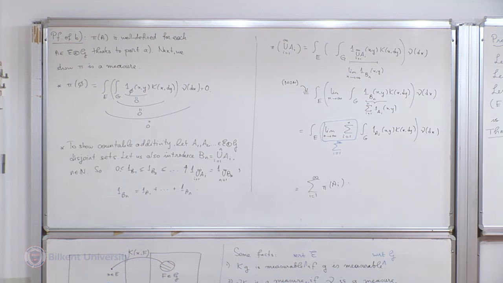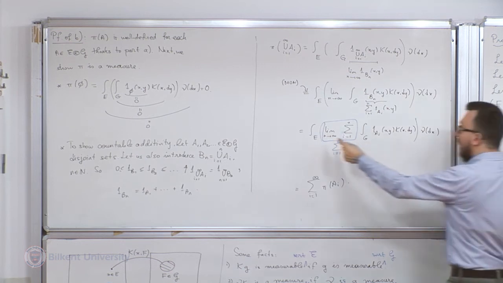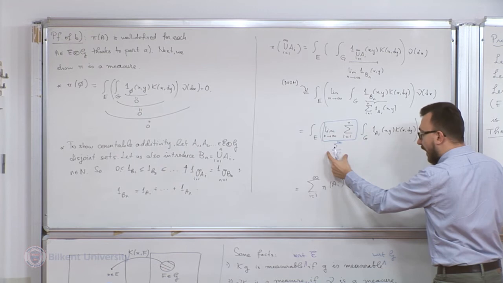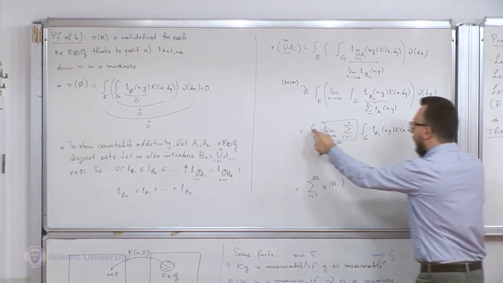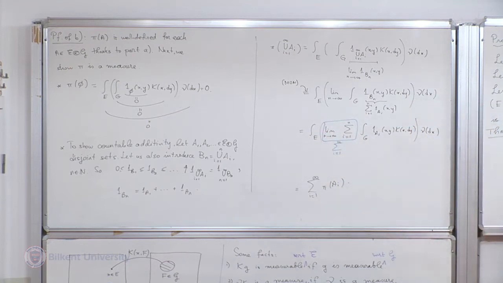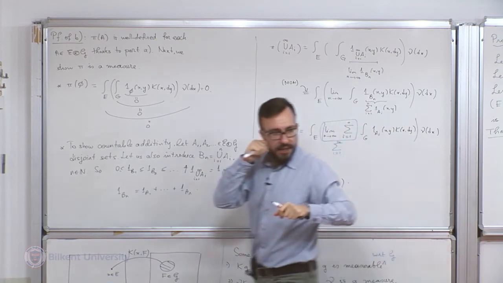So now I have the integral of an infinite sum, and the integrands are all positive. Which theorem can I use to swap the order of this integral and the infinite sum? Exactly, Mon series. We used it last time as well, right?